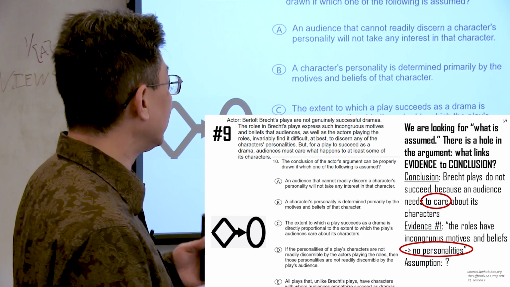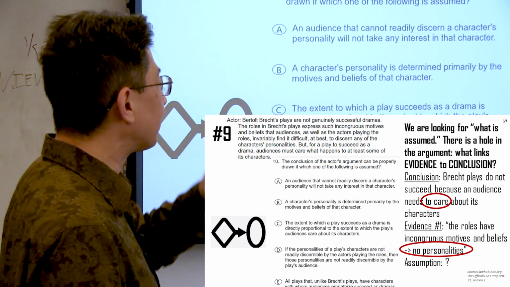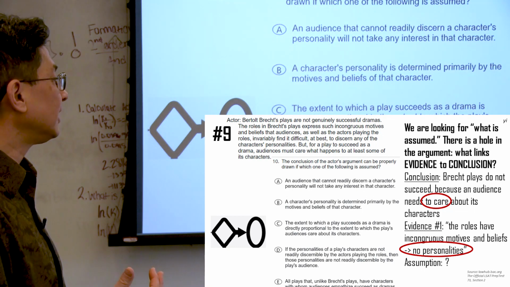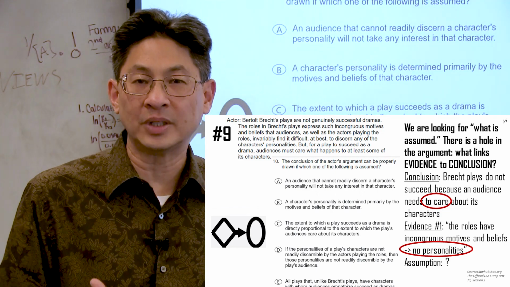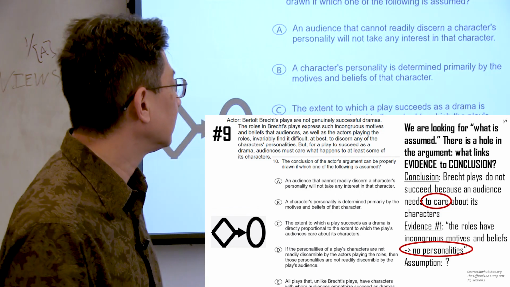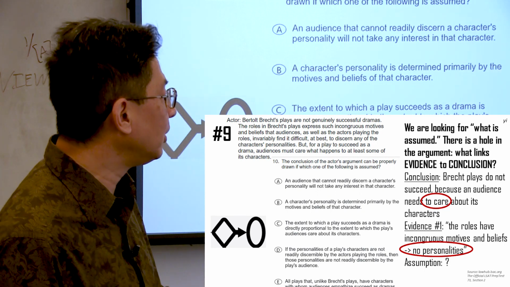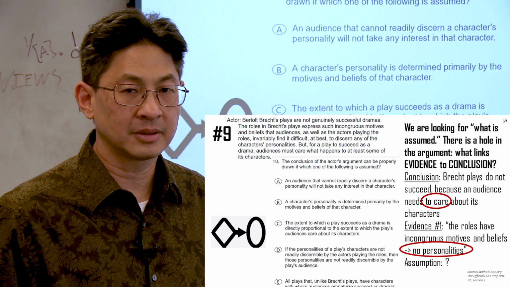We have to look for what is going to link the evidence to the conclusion. So we break down what each piece is. First is the conclusion. The conclusion is that Brecht plays do not succeed because an audience needs to care about its characters. That's what they say as being the main point of this particular prompt. The evidence they give is that the roles have incongruous motives and beliefs, that the roles have no personalities.